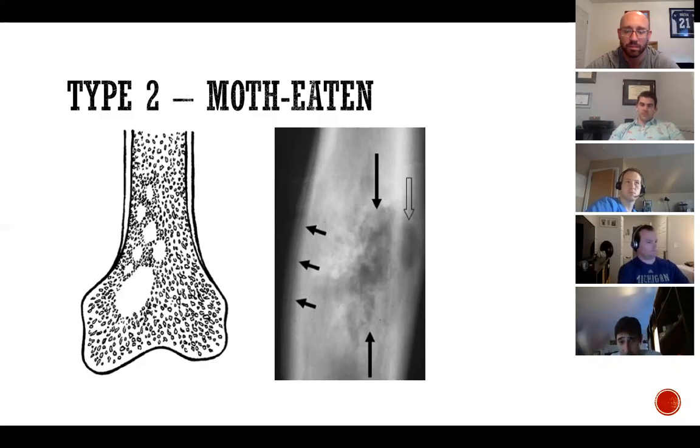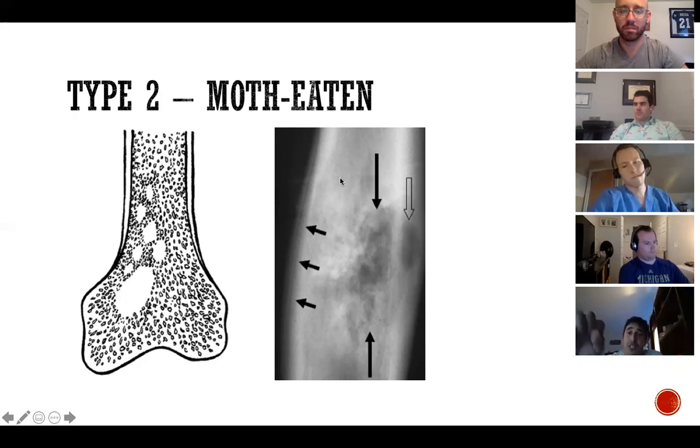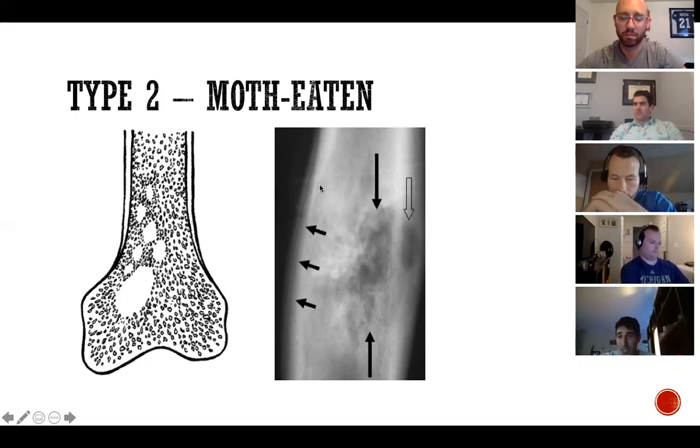That clear area is a little more well defined. But then when you look more to the top left of the x-ray, you see areas at variable stages of the erosive process within the bone. That's your classic moth-eaten appearance: multiple different areas of bone destruction occurring at slightly different time points.